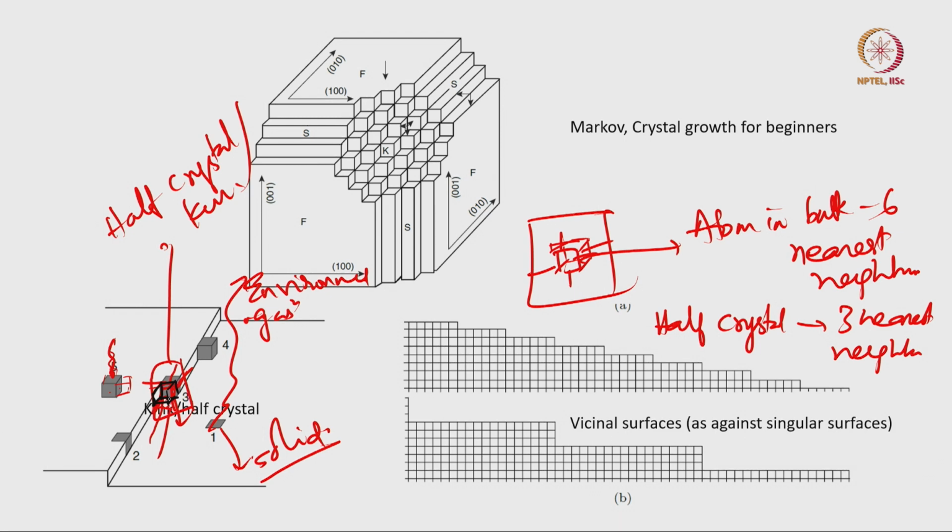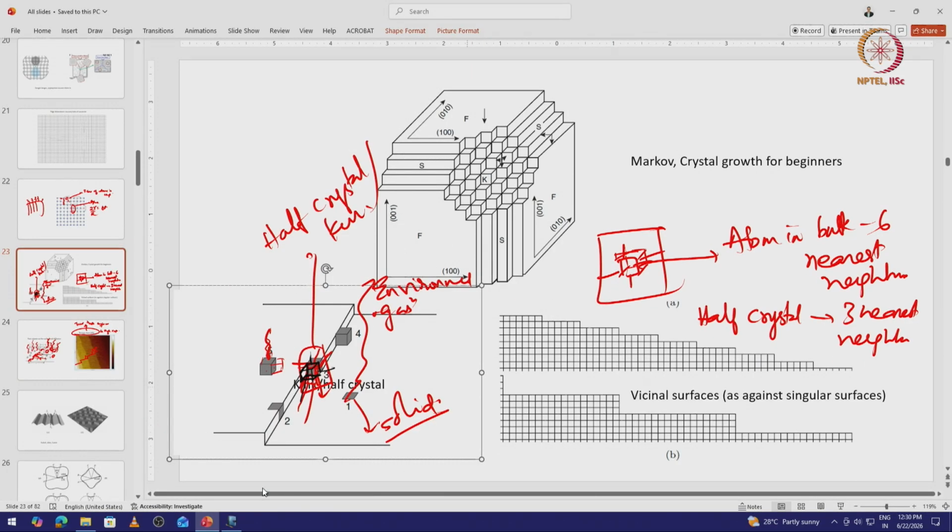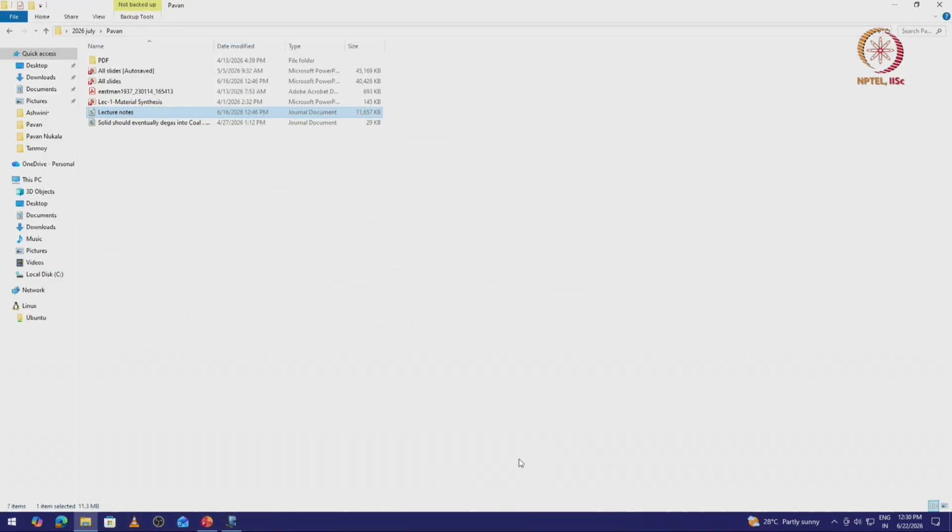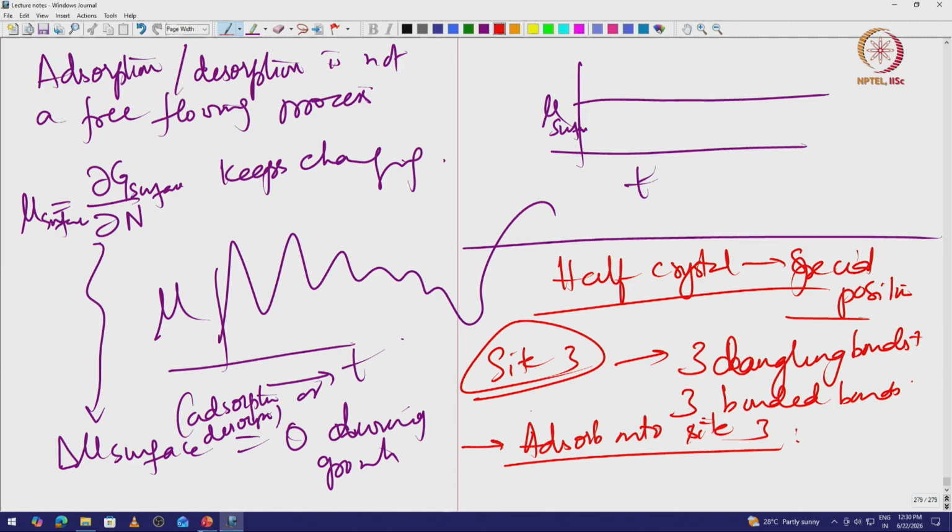Alright. So, now after this has adsorbed, how many dangling bonds are there? Again I have only 3 dangling bonds. Did the surface energy increase? The G surface, did it increase? No, it did not increase, right. Okay.